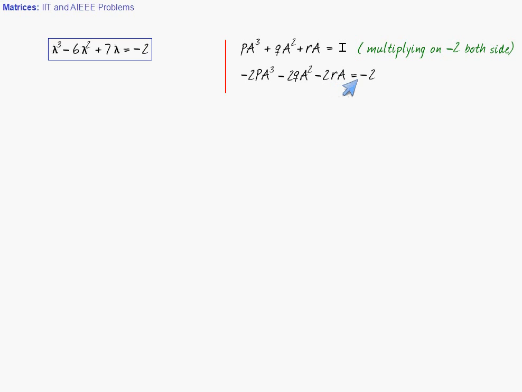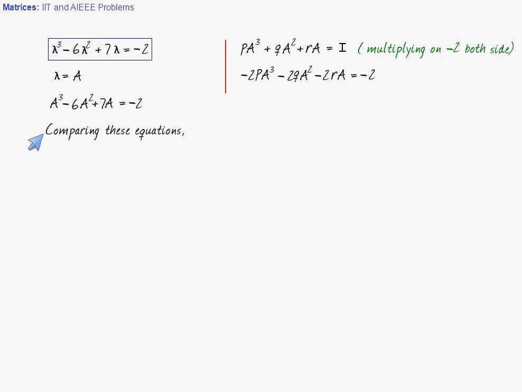Now I can compare the two equations simply by replacing lambda equal to A. So my first equation will again become A cube minus 6A square plus 7A equal to minus 2.